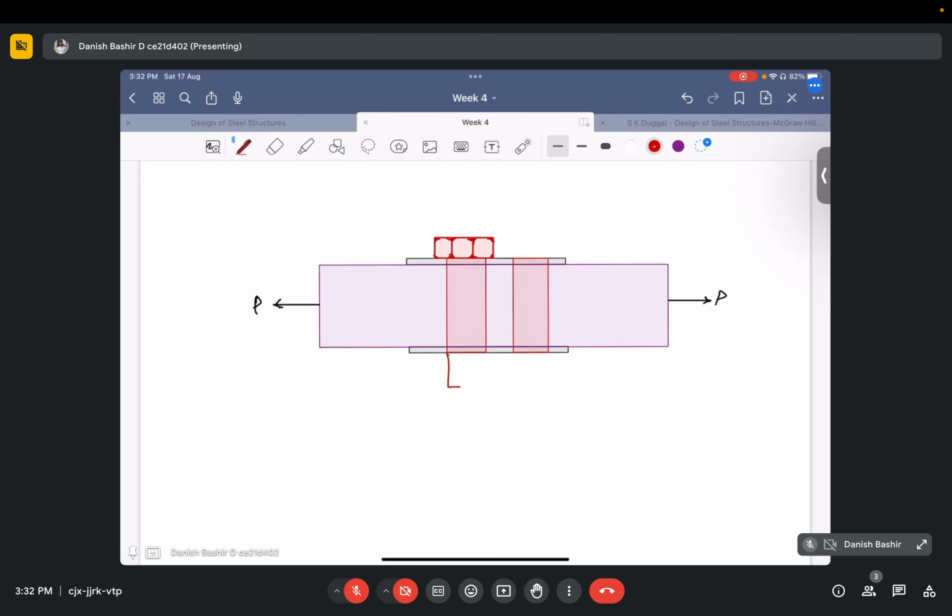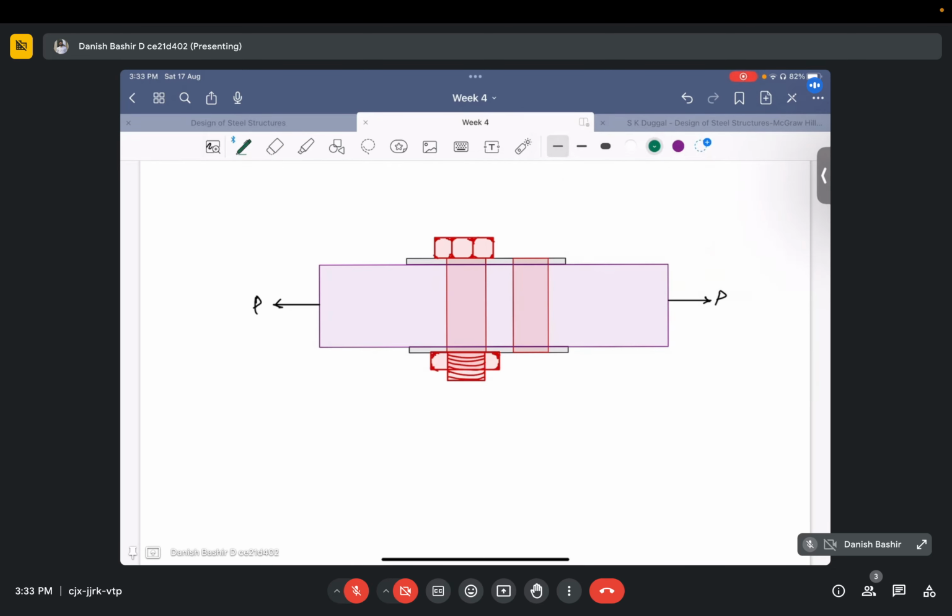From this side we have the shank, and on this we have a nut like this. Okay, this is the nut.